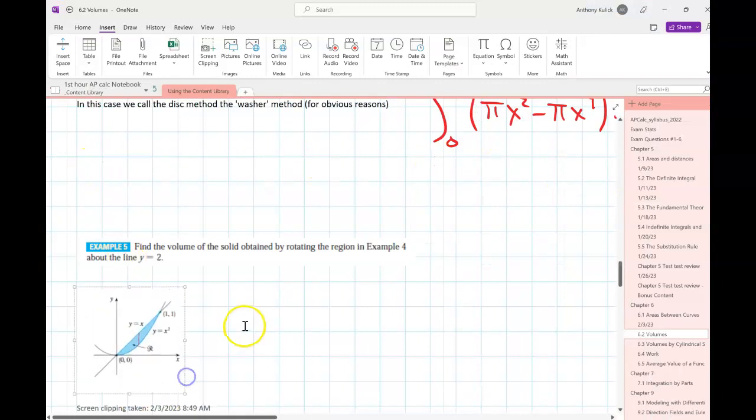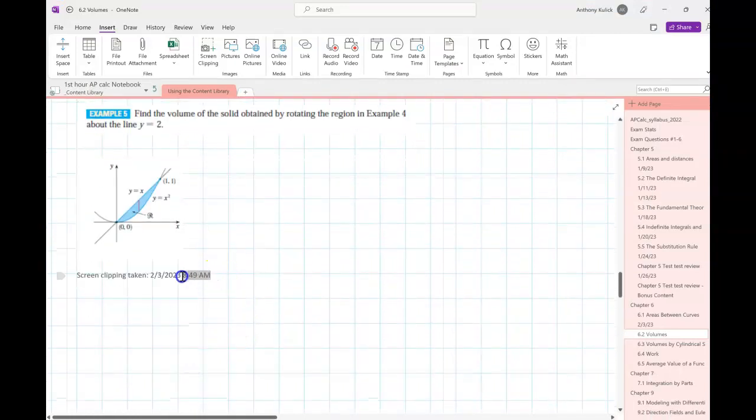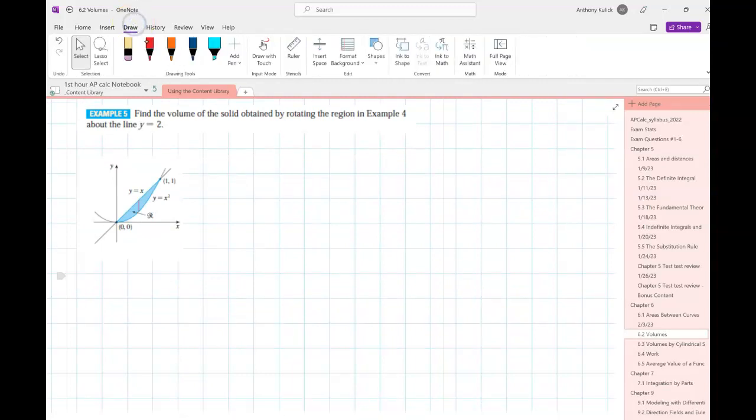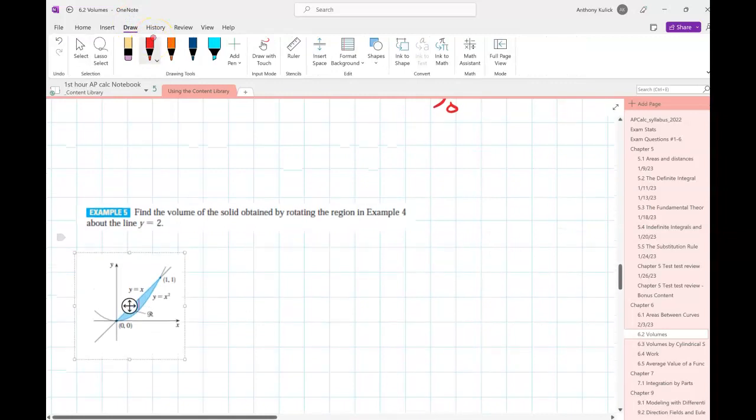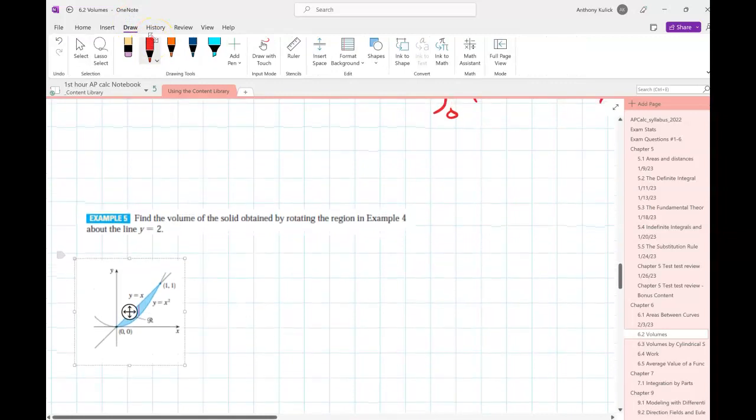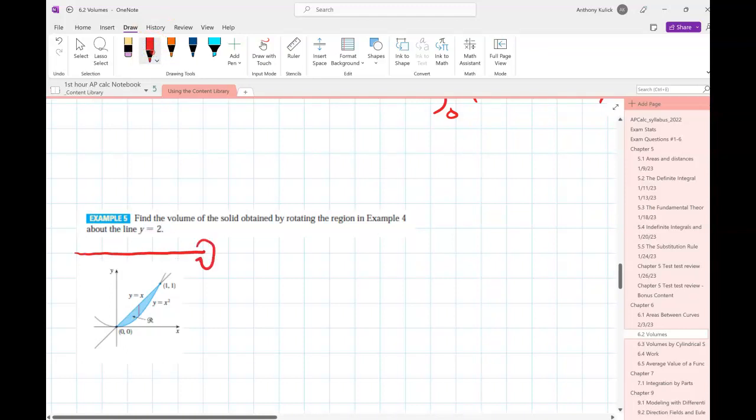So we have that. So it's the same setup. But this time we're rotating about the line y equals 2. So you're spinning it around that. What are we going to make there?